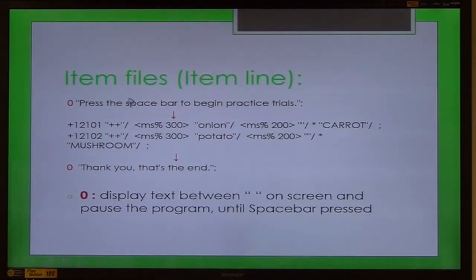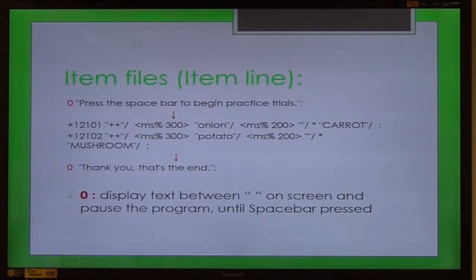For example, after 0, you can type between two colons your instruction of the experiment, and then the program will just hold there until your subject presses some key or makes some response. So usually you use 0 for instruction, for goodbye message, and also for a rest period.